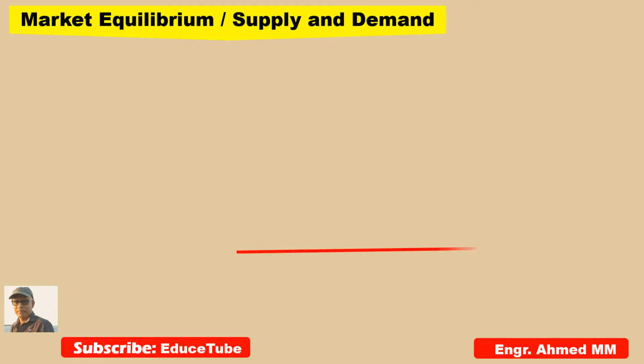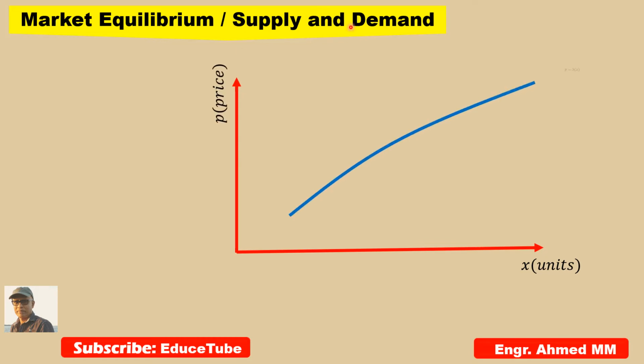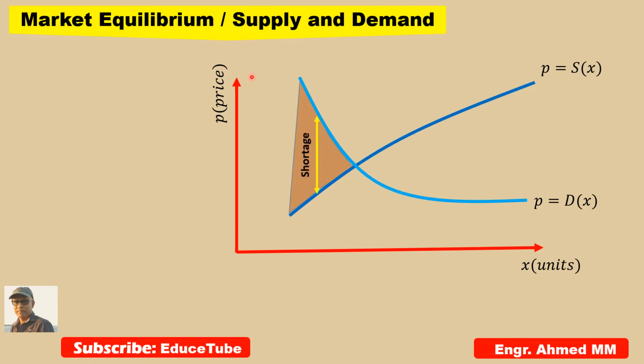Today I am going to discuss market equilibrium and the law of supply and demand. Market price changes when buyers and sellers react. When prices are high, buyers reduce consumption, and when prices are low, sellers reduce production.